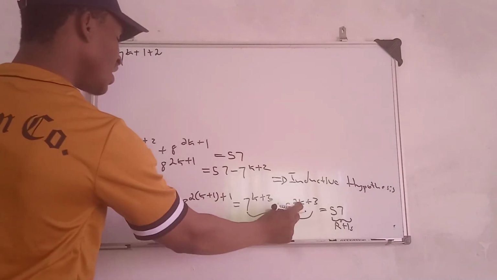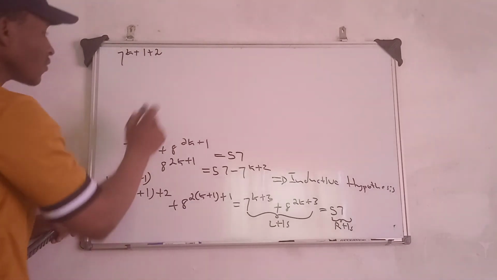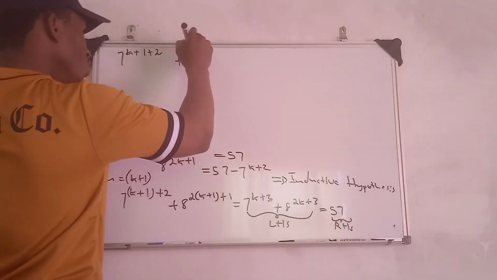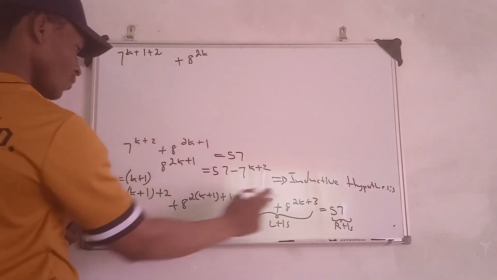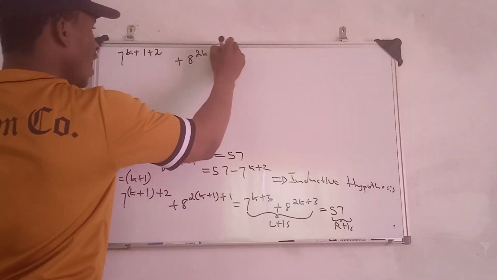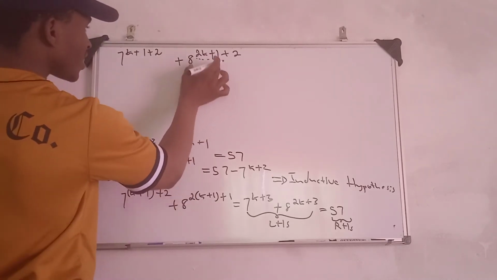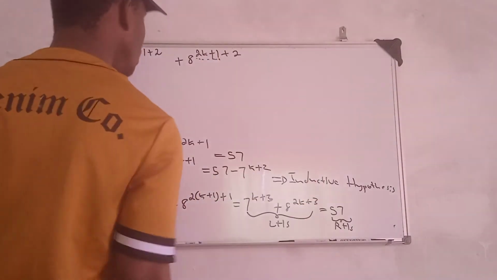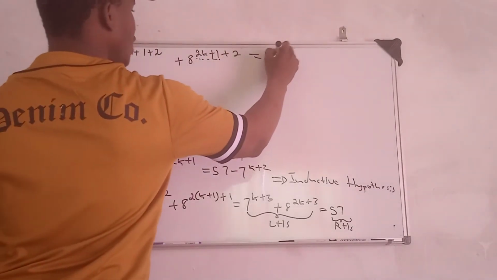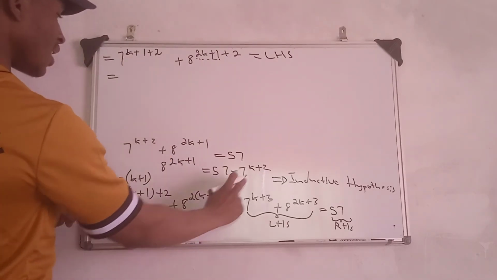So I'm writing even this 8 in such a way that it's 8^(2k+1+2). You see, I'm moving this term. So wherever I'm seeing this, I can substitute according to our inductive hypothesis. This is the LHS, we are focusing on it right now. And this is a k plus 2.